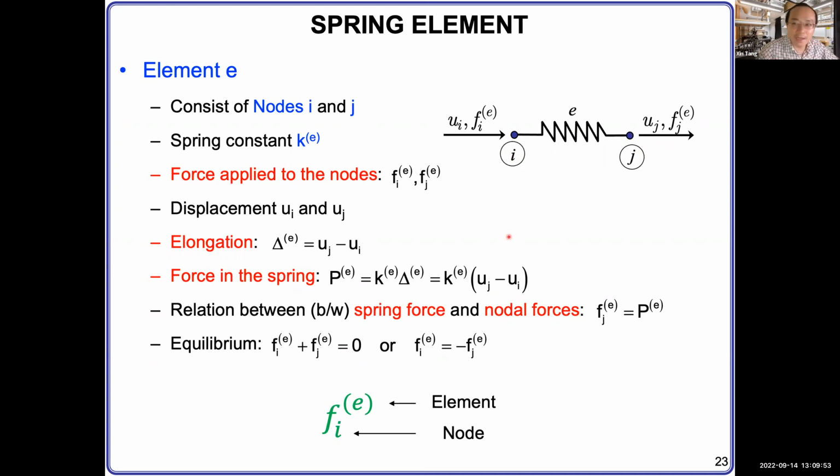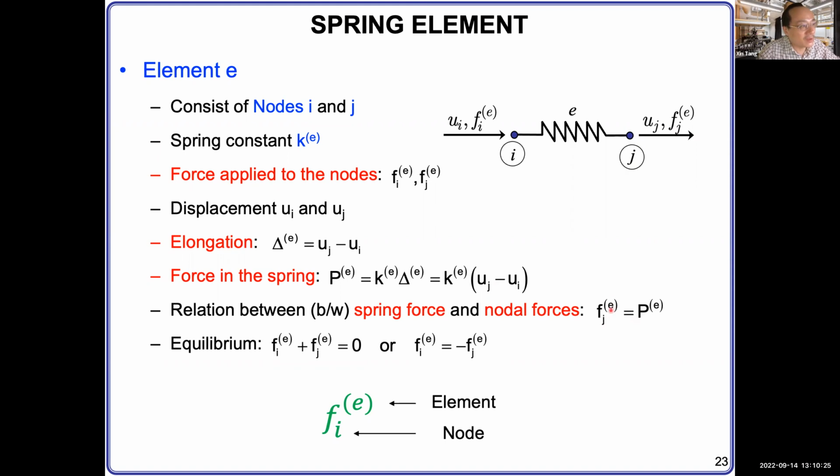Okay, I have explained that before. Now it gives the force P equals Ke times Uj minus Ui. Because here it is Uj minus Ui, we are using the J node as a reference. So on this node, the force P generated should be in balance with the external force applied on this node, which is FJE.